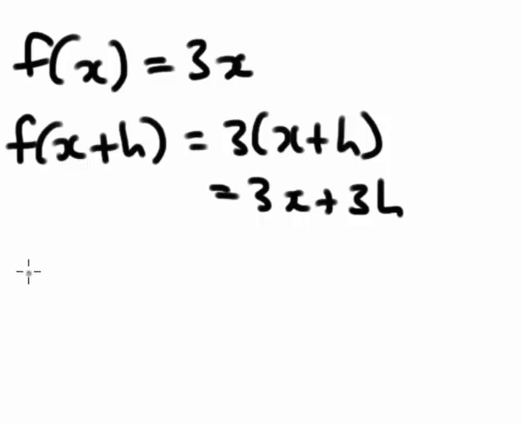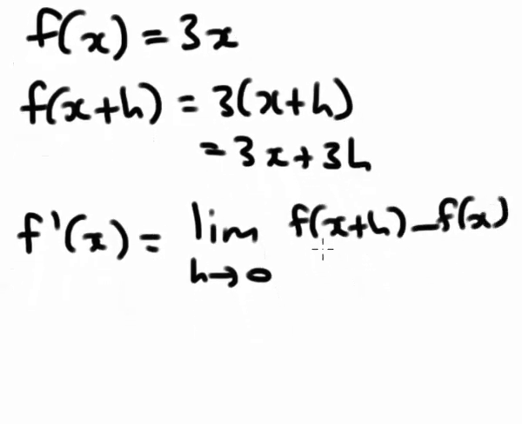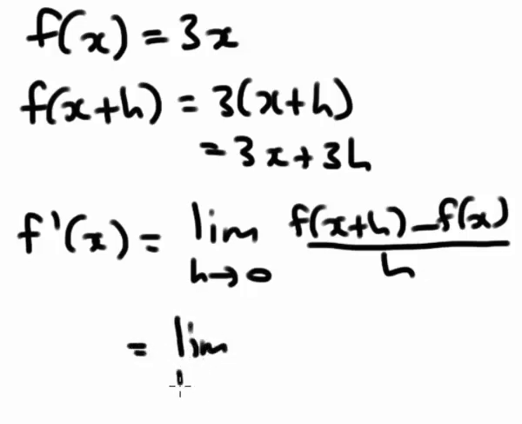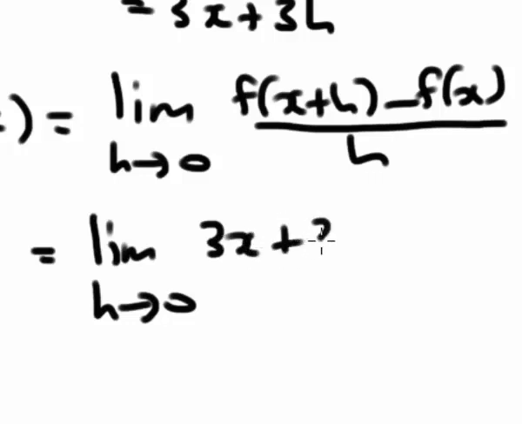Now, if we work out the gradient of this line using first principles and using this formula, let me show you something brilliant that happens here. This is the limit as h approaches 0. f of x plus h is 3x plus 3h. Subtract the f of x, which is 3x, divided by h.